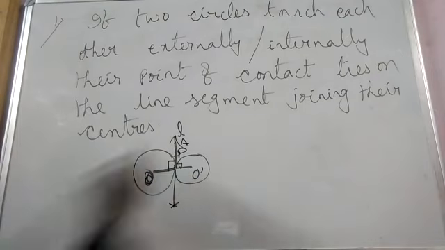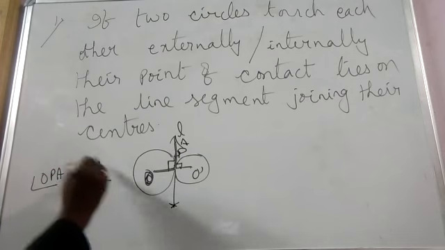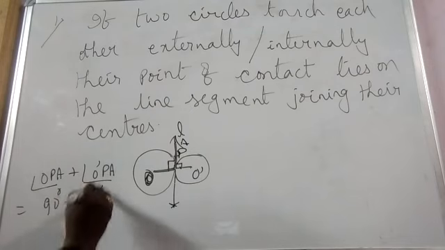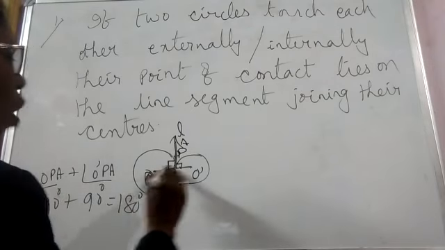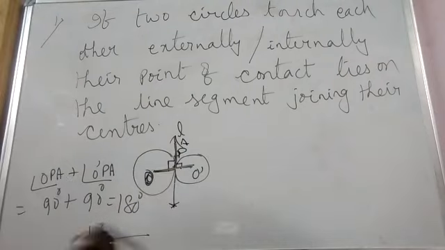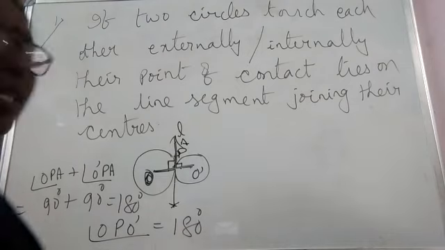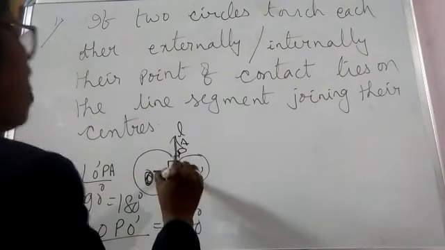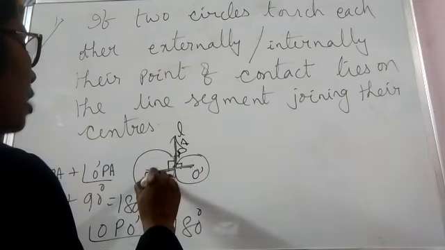So angle OPA plus angle O dash PA equals 90 degrees plus 90 degrees equals 180 degrees. That means angle OPO dash is 180 degrees. That means OPO dash is a straight line, which means P lies on the line segment joining the centers of the two circles.